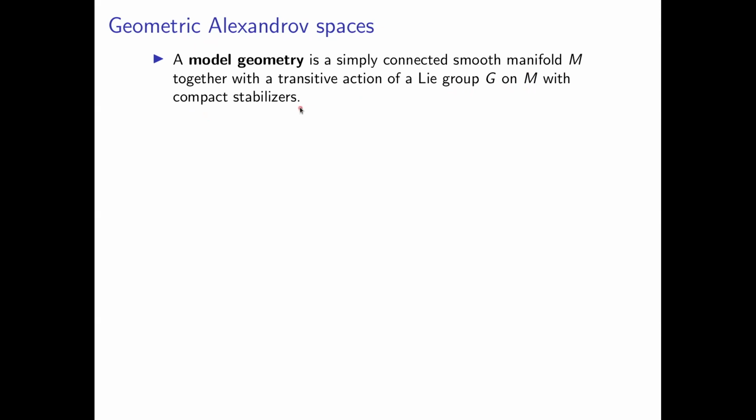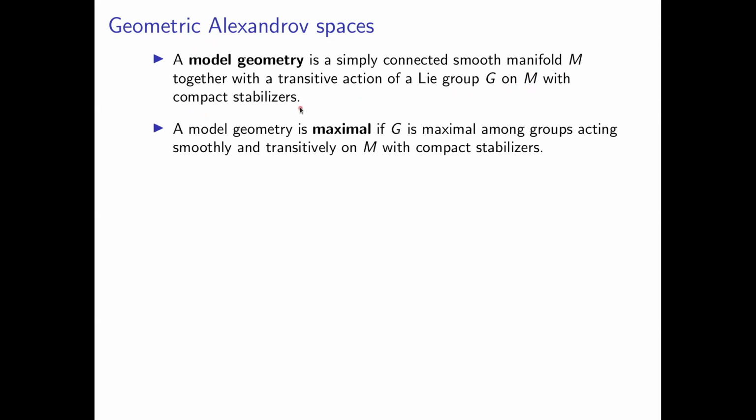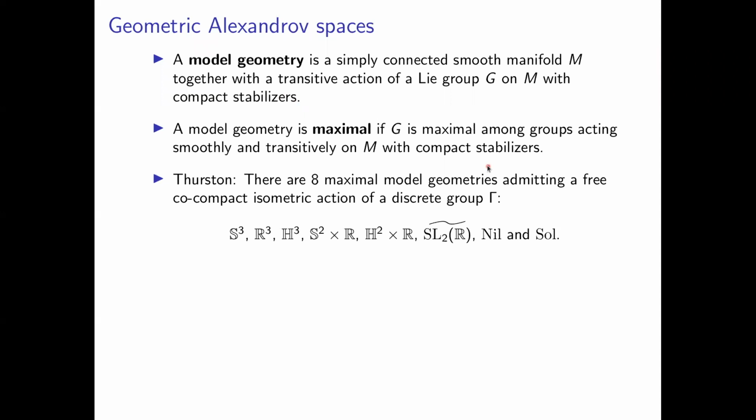So these are homogeneous spaces. Among such geometries, one is maximal if the group that's acting is maximal. Thurston showed that there are 8 maximal model geometries that have a free co-compact isometric action of a discrete group gamma.